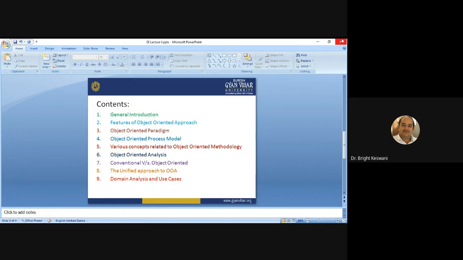For example, in the case of working of an employee, what is the object? Employee is the object. What is the data? Name and basic pay is the data. And what is the method?